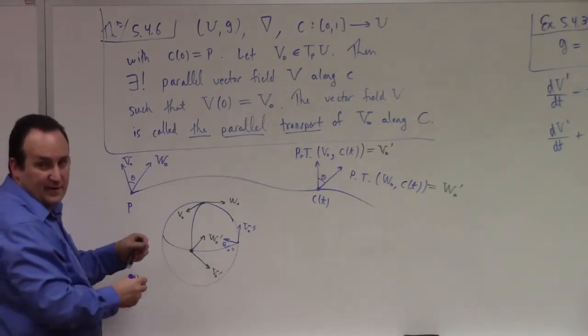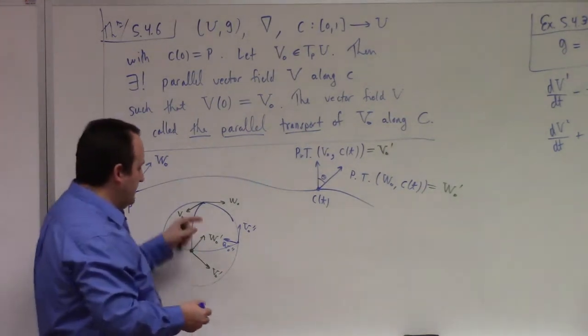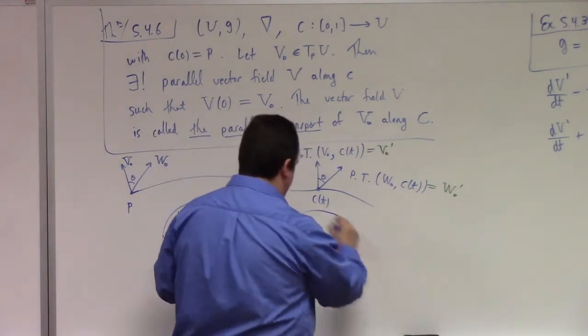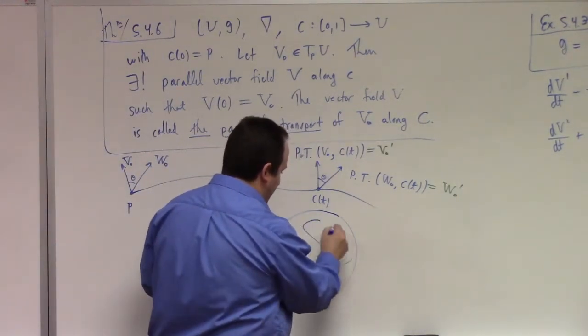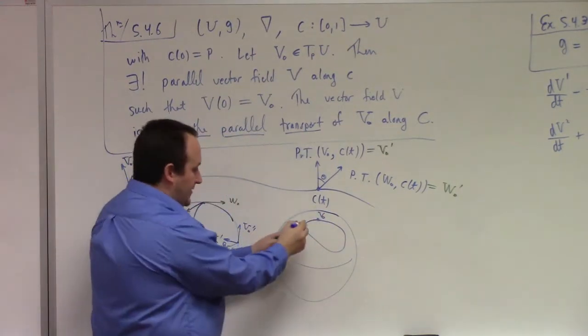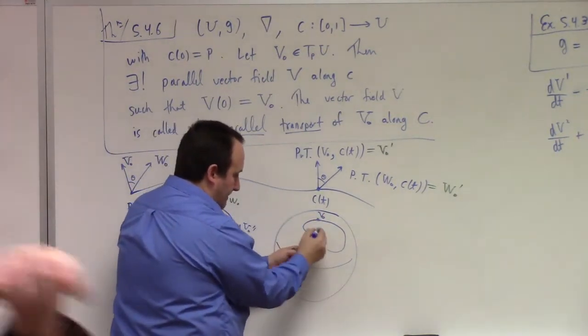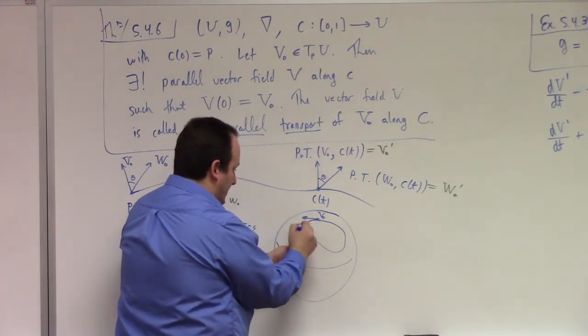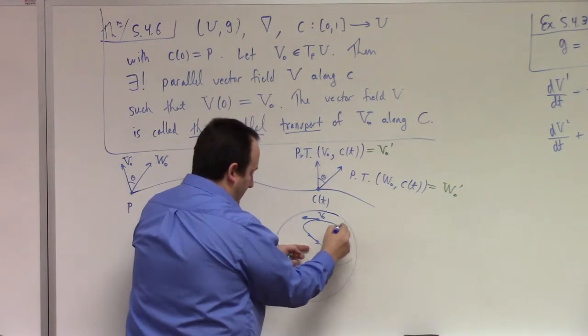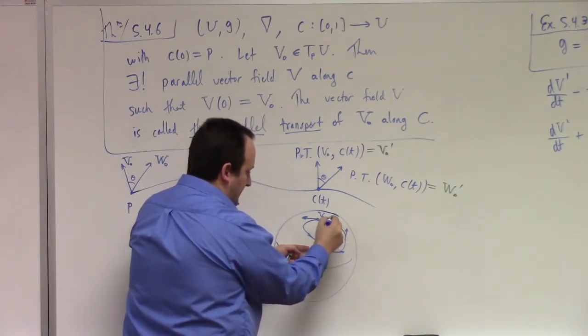Or you could think about just one vector, parallel transporting it around a loop. Here, let me make it simpler. Suppose this is a loop on the sphere. I start with a vector V naught. I parallel transport it around this loop, with respect to some connection on the sphere, all right?